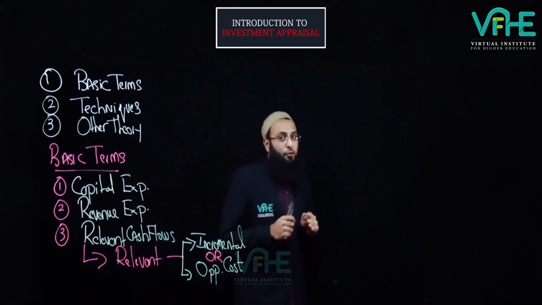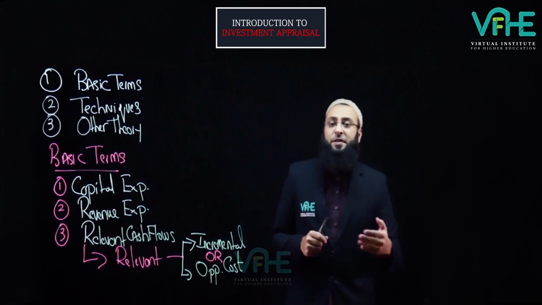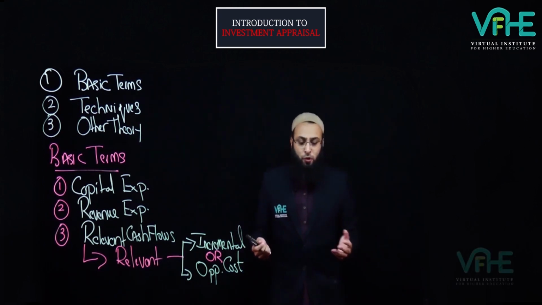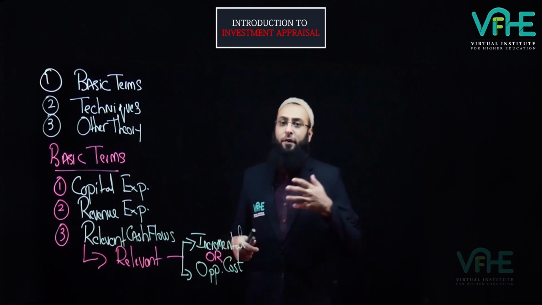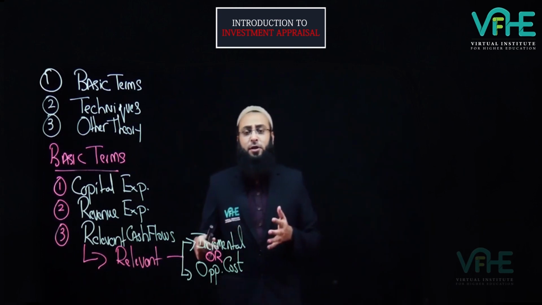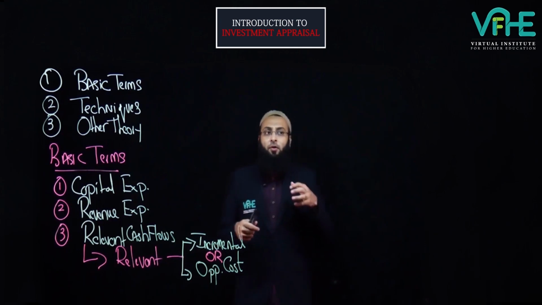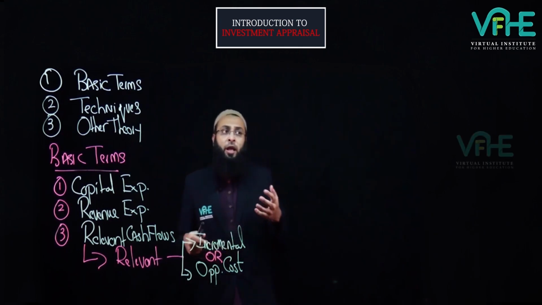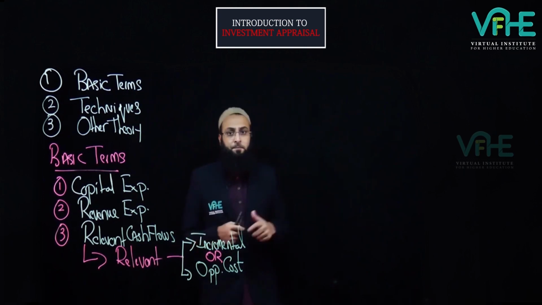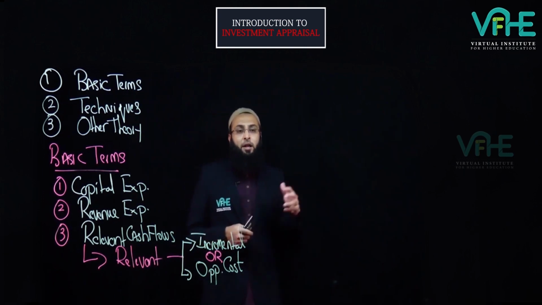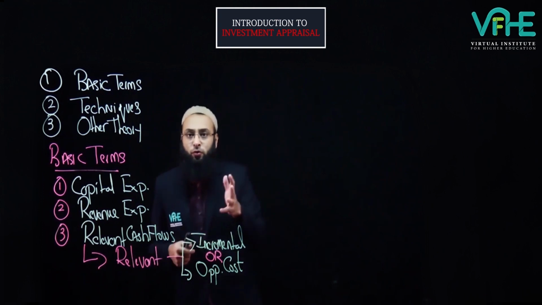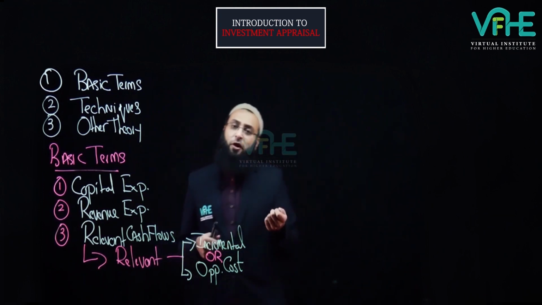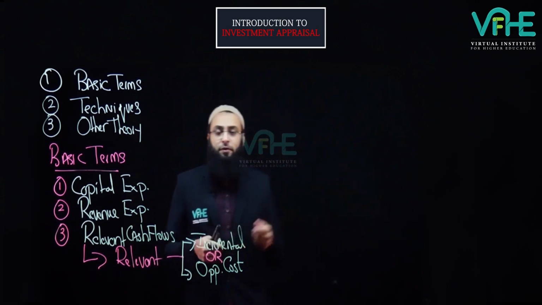Then comes opportunity cost, the cost of the second best alternative foregone. People have an idea of what opportunity cost is. For example, I'm doing a job, and in this particular job, I'm earning 100,000. And I received a new job opportunity, and that opportunity is offering me 120,000.